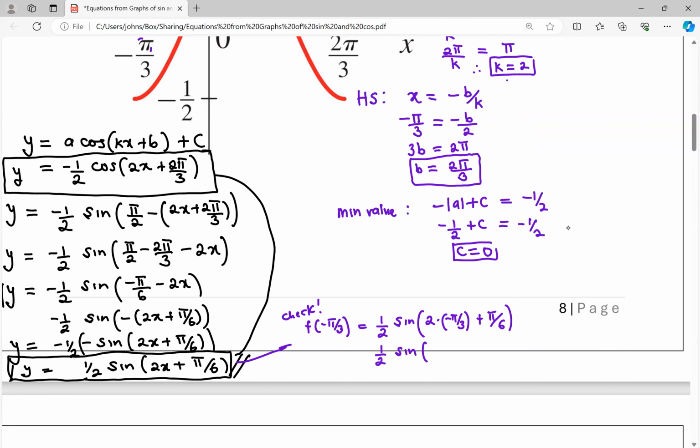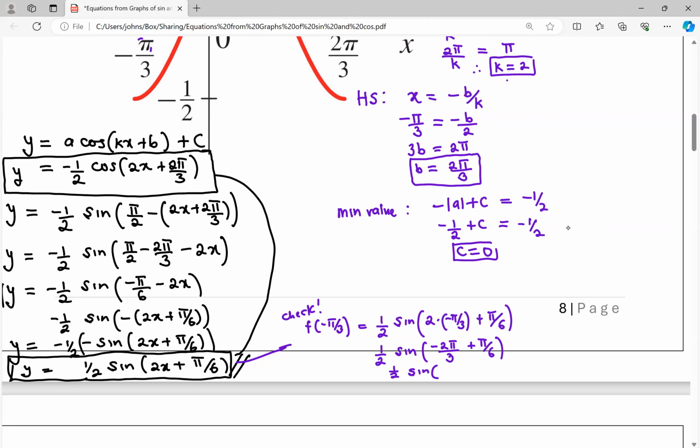This is minus 2 pi over 3, then plus what? Pi over 6. All right, so if you look at this carefully, this will become what? 1 over 2.